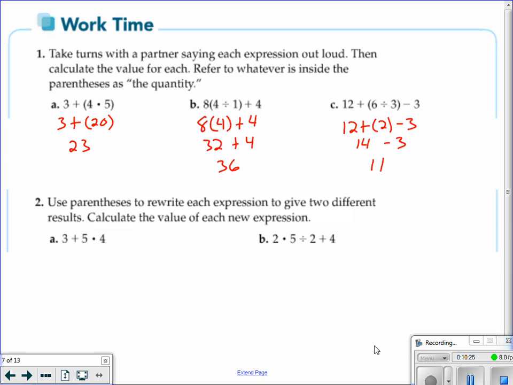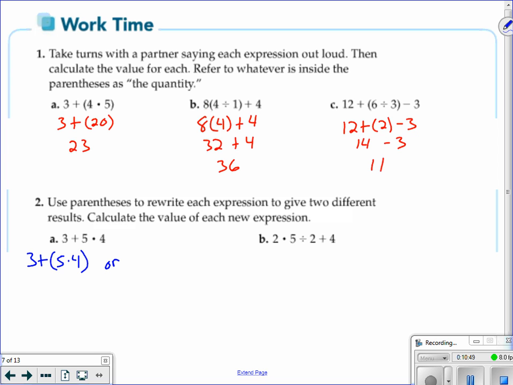Moving on to number 2, we need to use parentheses to rewrite each expression to give 2 different results. Calculate the value for each new expression. So to get you started here from the first one, I could put the parentheses around the 5 times 4, and I could calculate that out.